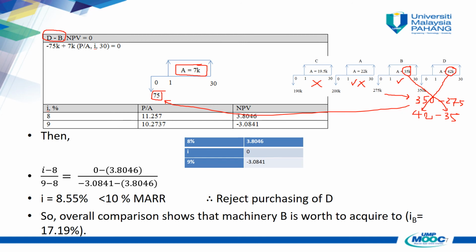From this cash flow diagram, we will construct our NPV equation. Negative 75,000 plus the 7,000 multiplied by finding P when you know the A. What is our A? Our A here is 7,000. We want to find out what happened to our value today.